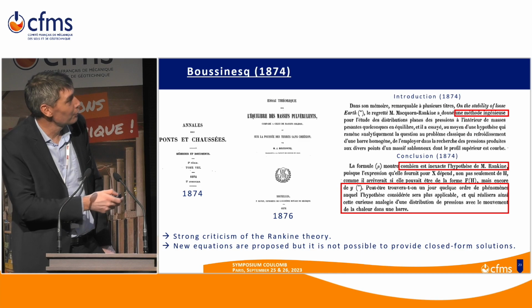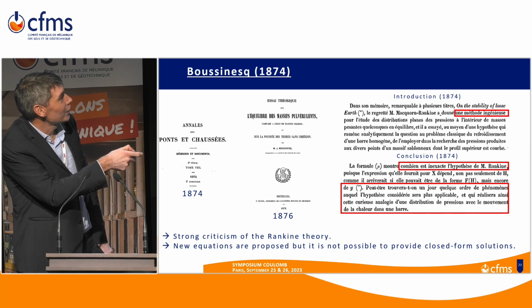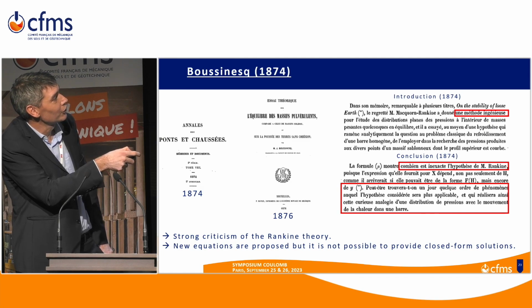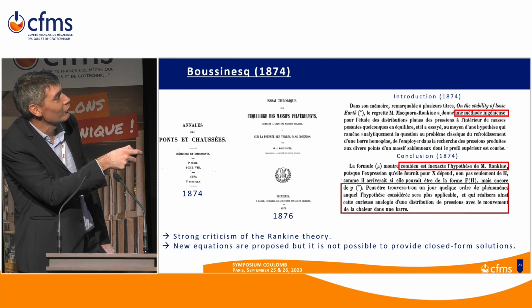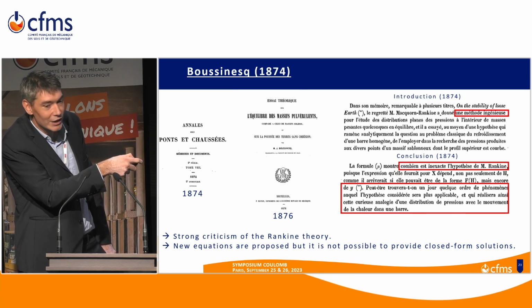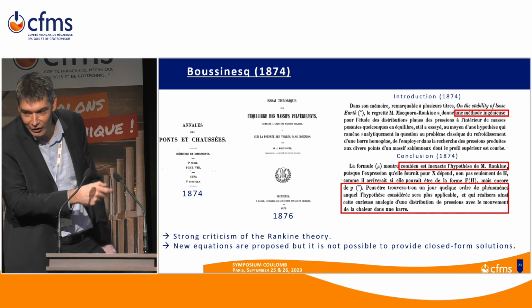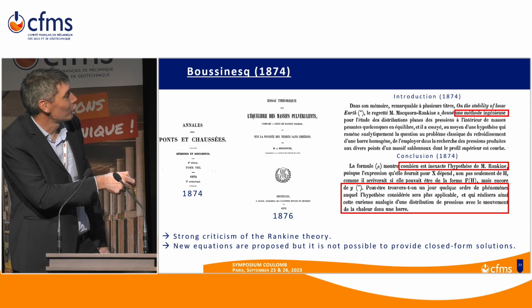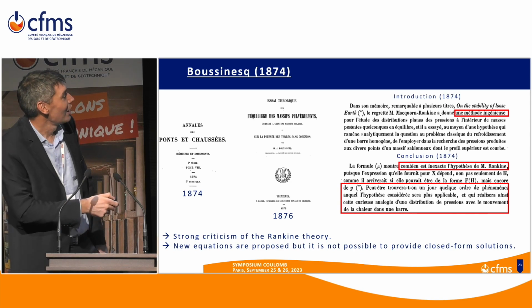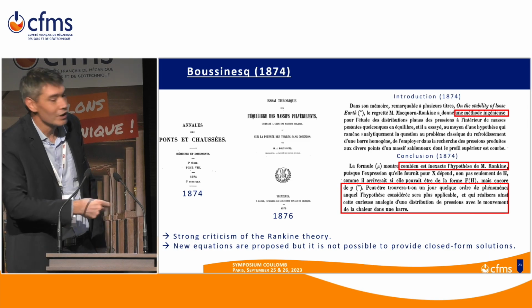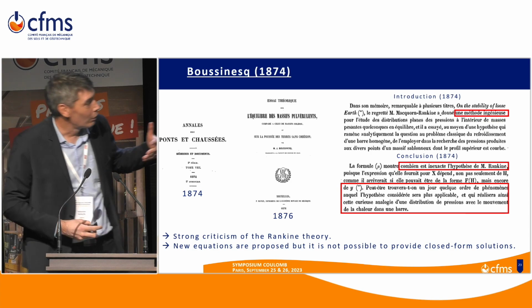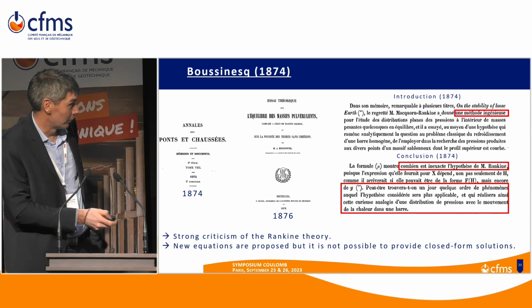In the paper of 1874, we can find a positive introduction regarding the Rankine theory, since Boussinesq speaks about an ingenious or clever method, but as you can see there in French, the conclusion is more negative, since Boussinesq clearly highlights the limitation of the Rankine theory. More generally, he provides a strong criticism of the Rankine theory, and he proposed a new equation and shows at the same time that for this equation it's not possible to have a closed-form, analytical solution.